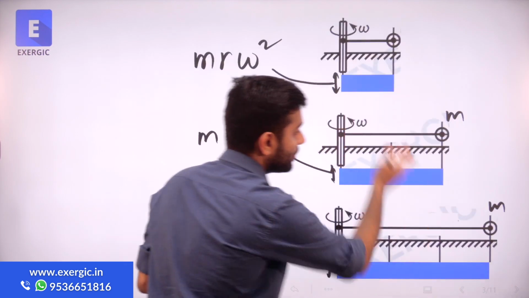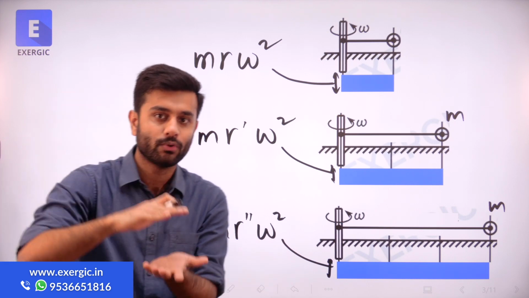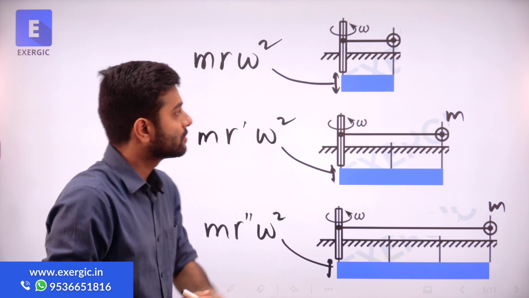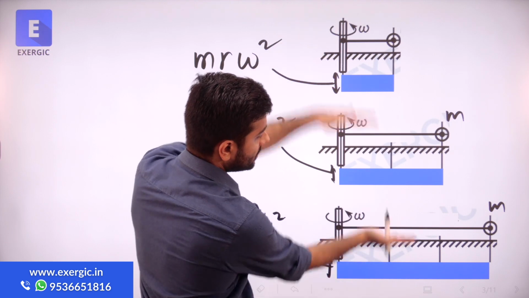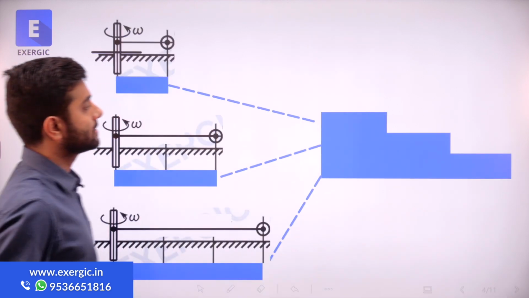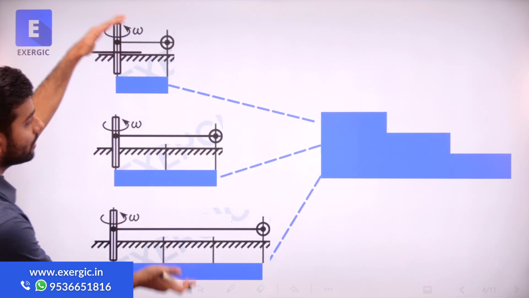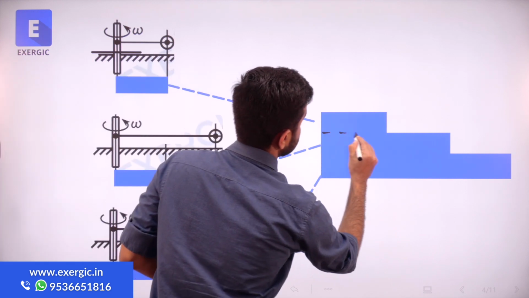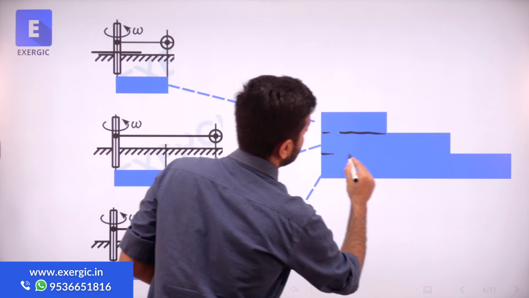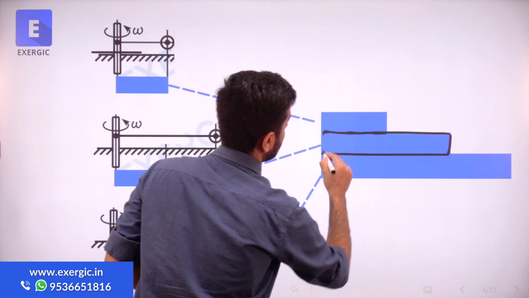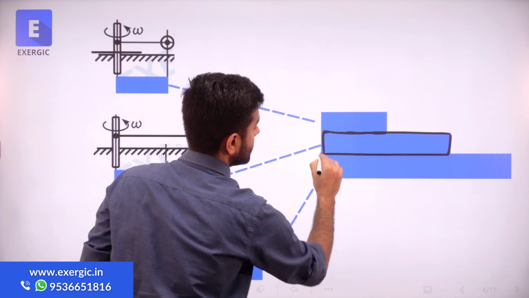And whenever you are merging them, the effect of forces will also get merged. So this and this, all three will get merged like this. This has come here, this part has come here, and this part is here.